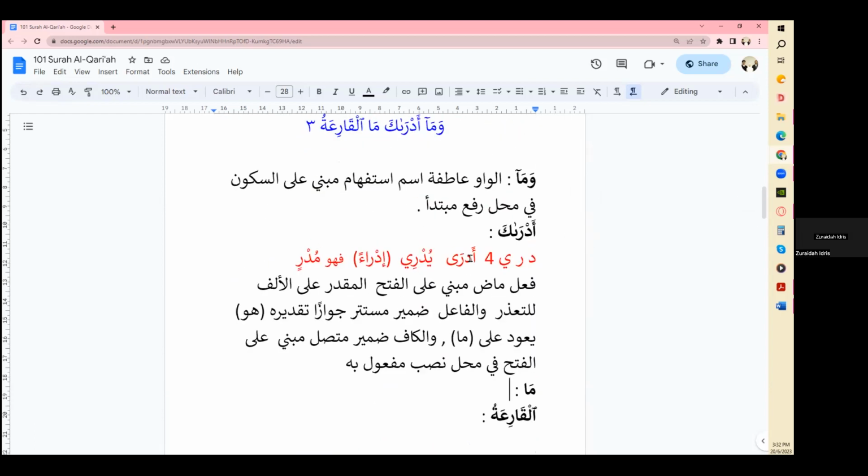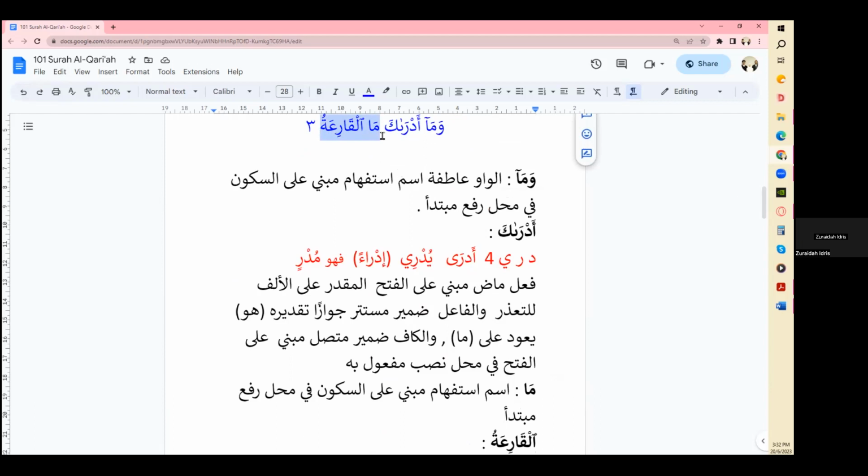Wama adraka ma. It sounds like maf'ul also, right? I mean the whole sentence, because it cannot be a hal or something. No, if you want to look at the maf'ul, it would have to be this whole thing. The whole jumlah. That's the whole maf'ul.